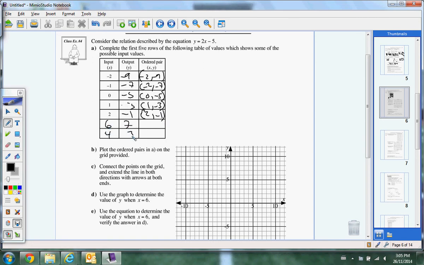I got 7, 3. I add those in. Okay. And all that's done is just by plugging them in for x. We can probably stop after this one. We'll do example 5 later or something.